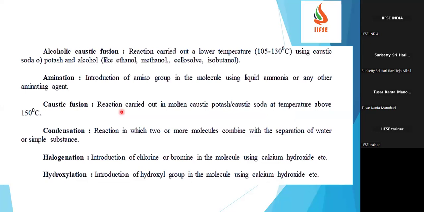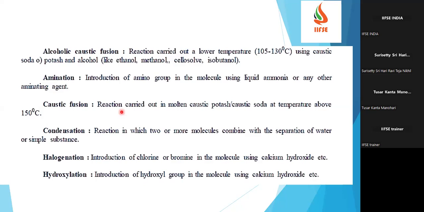Condensation, everybody knows this. There we raise the temperature of the liquids, then cool down the vapors, and extract the material which we want. It is a reaction in which two or more molecules combine with the separation of water or simple substances.